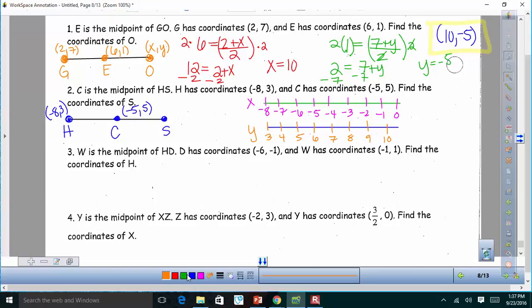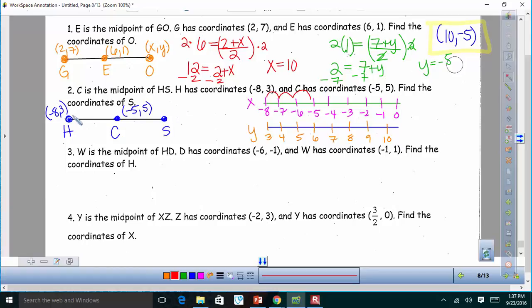Okay, so for my X's, I went from negative 8 to negative 5. So if I went from negative 8 to negative 5, I hopped 1, 2, 3 spaces. If I started here and I hopped 3 spaces to get to the middle, how many spaces am I going to hop to get to the end? 3.